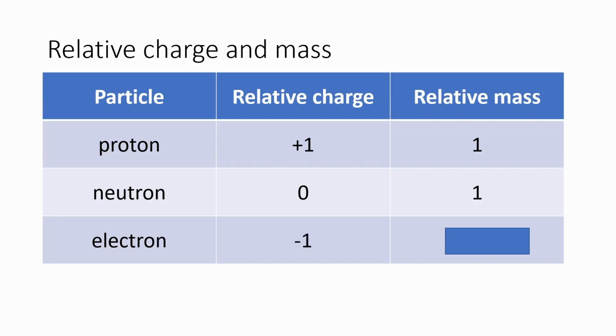Electrons have the equal and opposite charge to protons, -1. But their mass is considerably smaller. Now at GCSE, this is 1/2000. When we're going into A-level, level 3 and above, the relative mass is 1/1836.